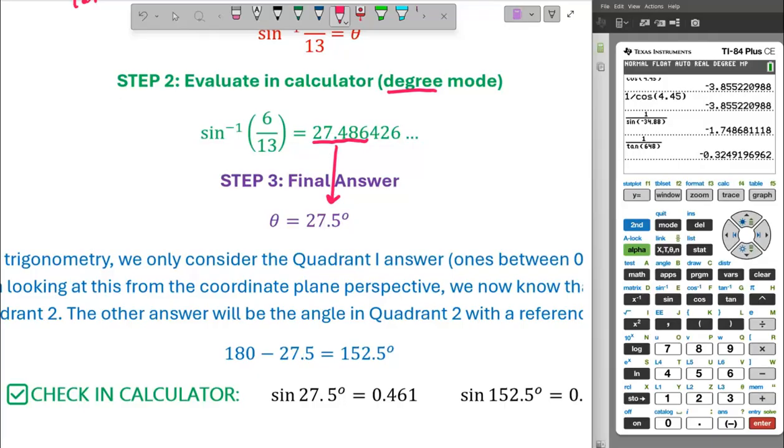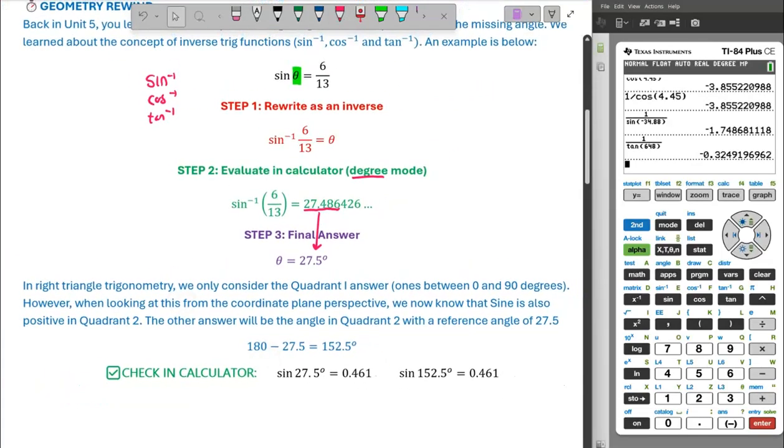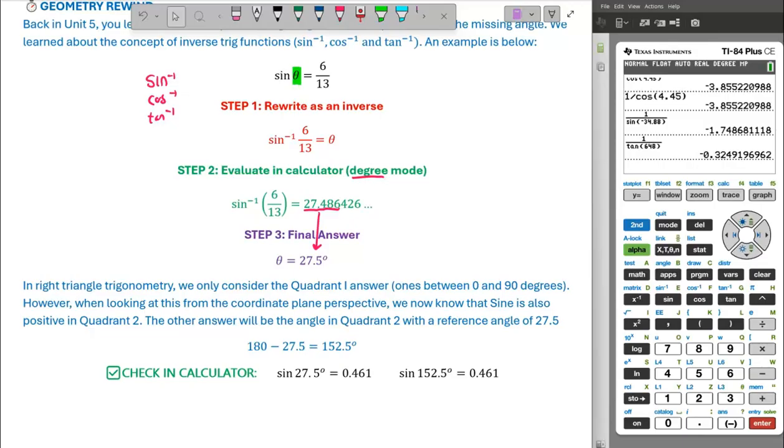Now, none of that's really going to change here in this new unit. What we do have to consider, though, is that we were always only looking at the quadrant 1 answer. We were only looking at angles between 0 and 90. And now we know that there can be answers in other quadrants. So because the sine ratio is positive here, we know that there's going to be an answer in quadrant 1, which we found, but also quadrant 2.